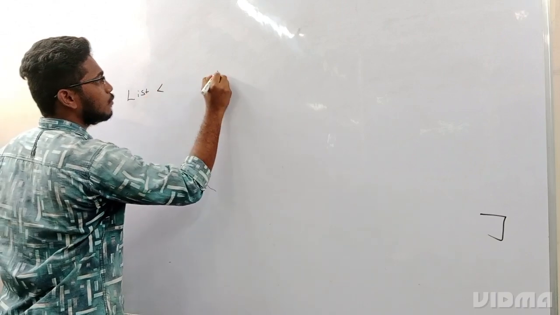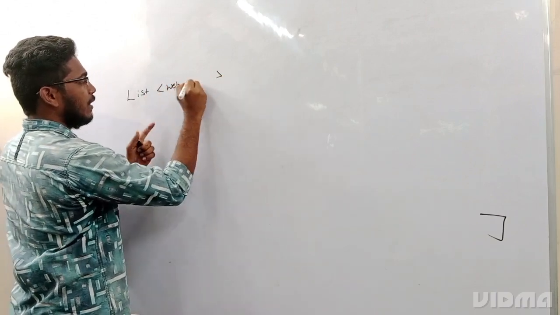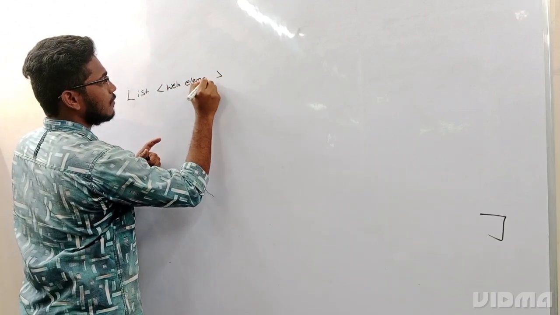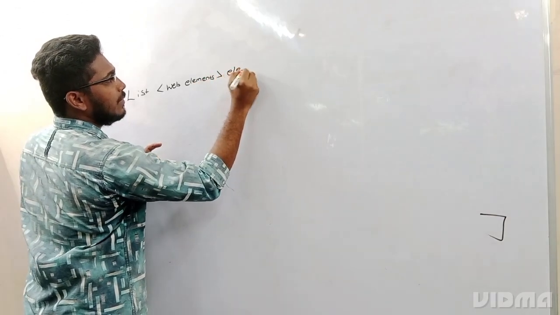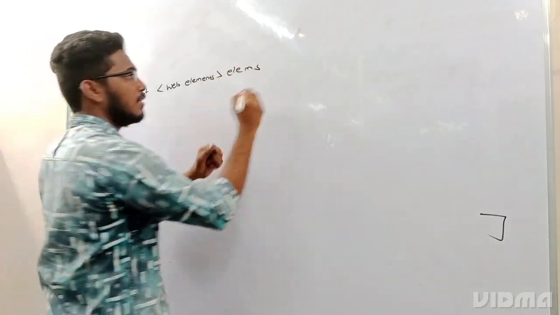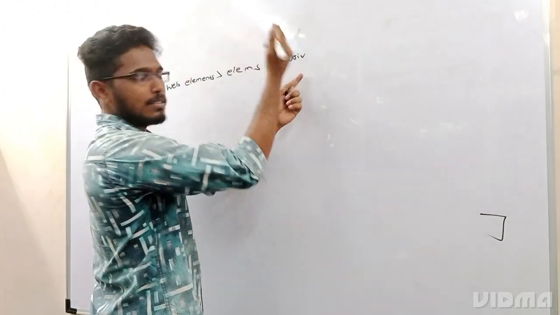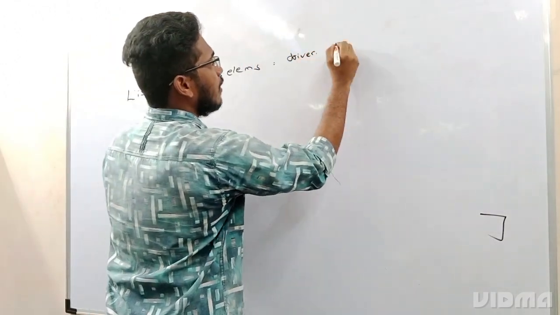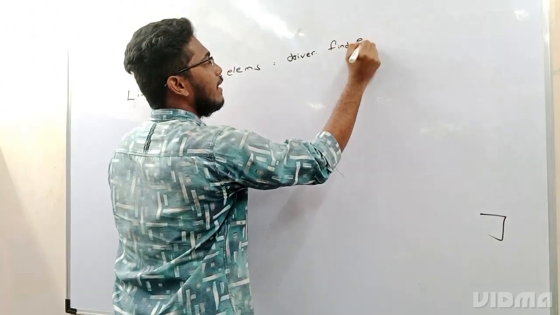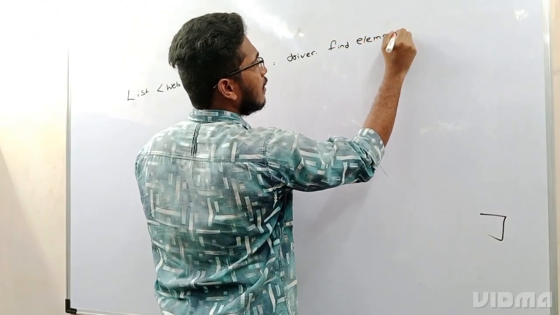So list of web elements. I'll store them in elements, which is equal to driver dot findElements, where we set the driver properties earlier.